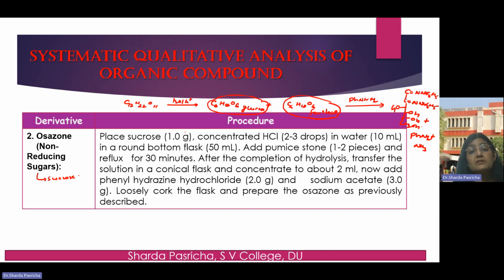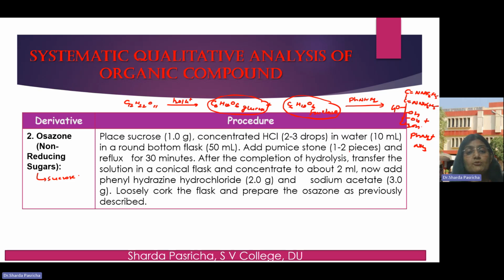So how to do the hydrolysis? You will take 1 gram of sucrose, add conc HCl 2 to 3 drops in 10 ml of water, and transfer this acidified solution to the test tube containing your sucrose. Transfer the content to a round bottom flask, a 50 ml round bottom flask.